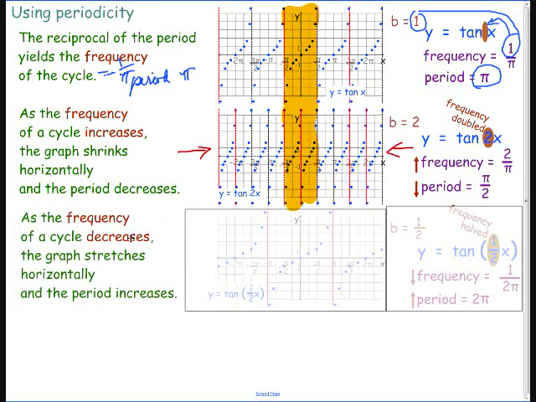And of course we're going to look at what happens when the frequency of a cycle decreases. So it's cycling less often, so the graph is going to stretch out. Right, it's going to stretch, and the period is going to increase.